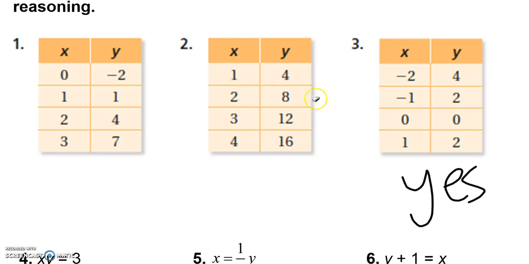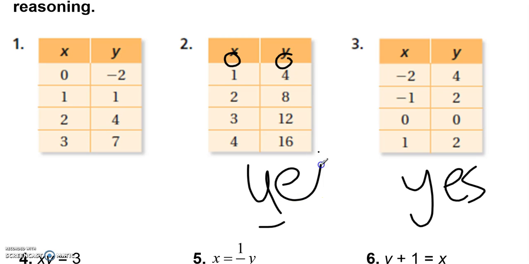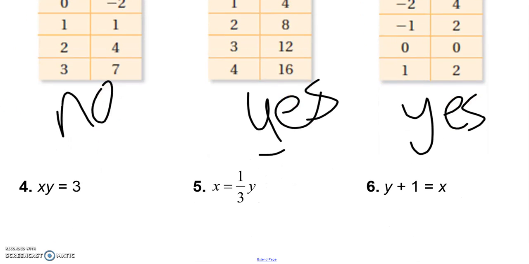By looking at this one, I can see it goes up 4 every time. So if you subtract 4 from the point at 0, then subtract 4 from 4, you're going to have 0. So it is going to pass through the origin, so that's true. And then this one, since it's at (0, 2), it's obviously (0, -2), it's not (0, 0), so no. You could graph those to verify, but by looking at the points, I can tell.